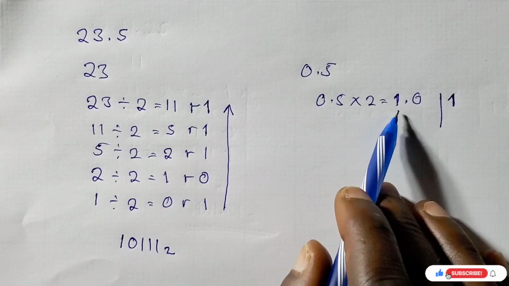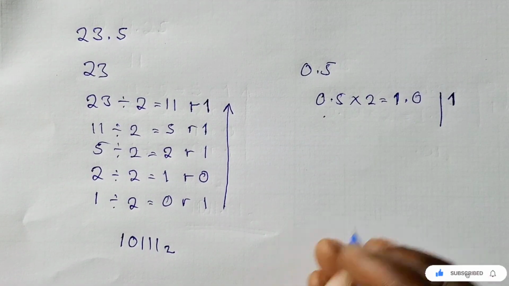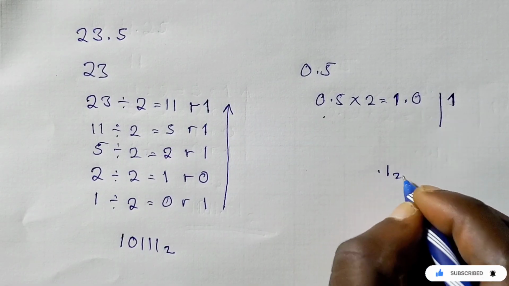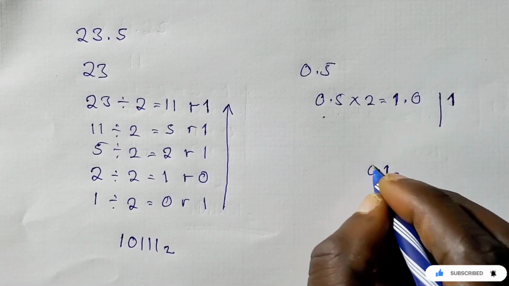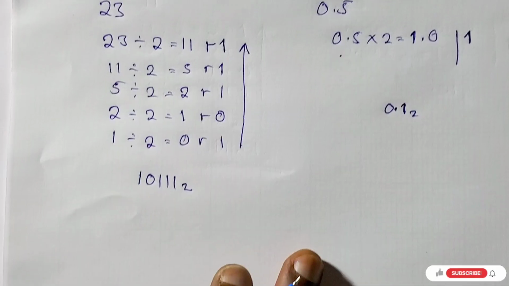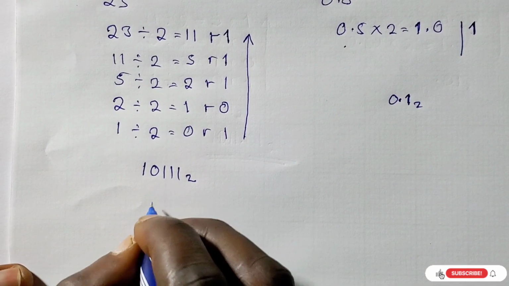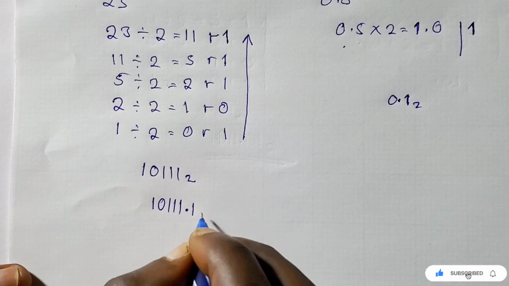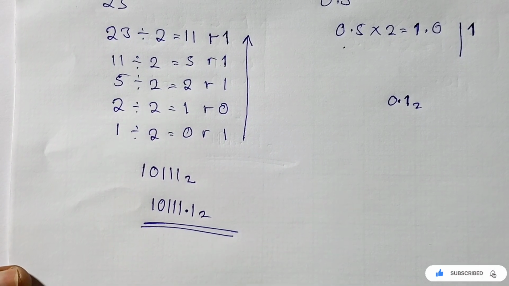Now, since it's 1, you don't proceed to the next. It's already 1, so you end. All right, so we have 0.1. Then combine the two, we're going to have 10111.1 base 2 as the final answer.